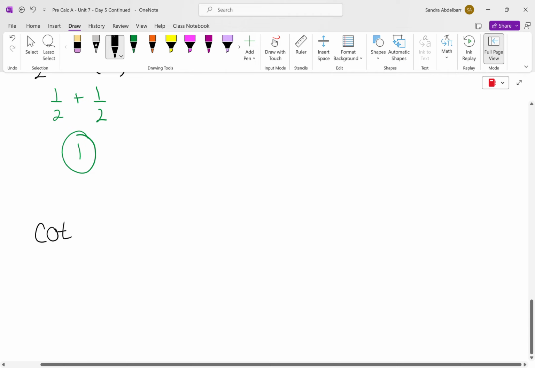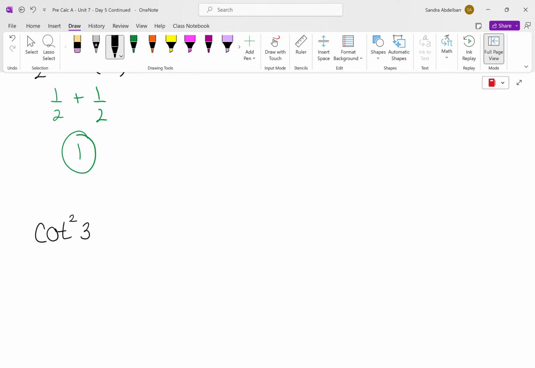Okay, last problem we're doing. Say I want cotangent squared of 300 plus cosine squared of 120 minus 3 sine squared of 240.